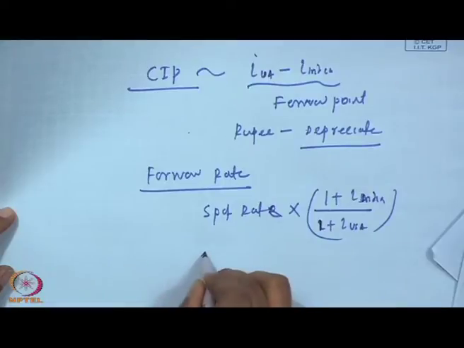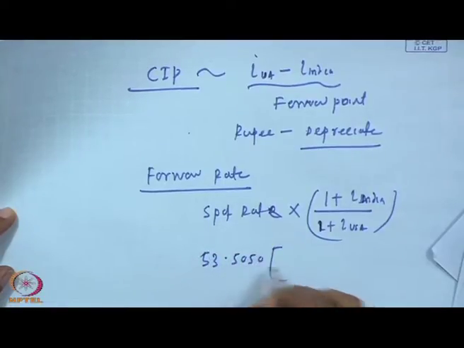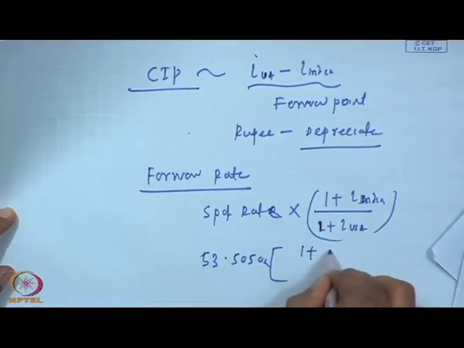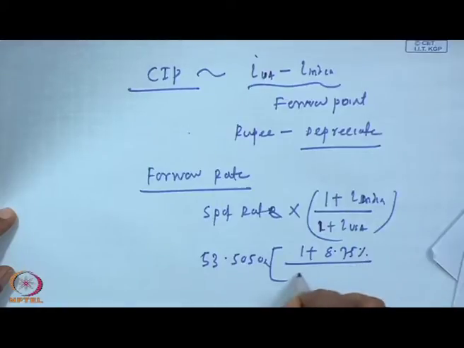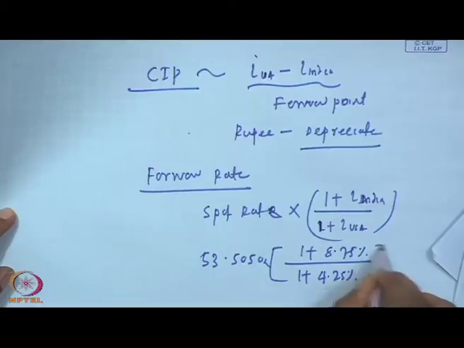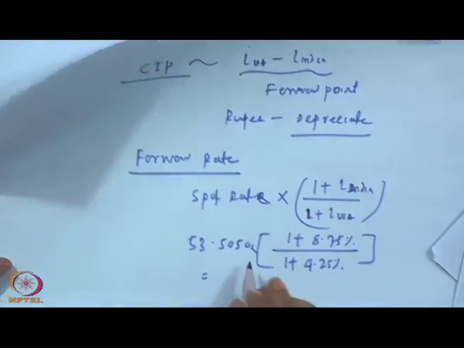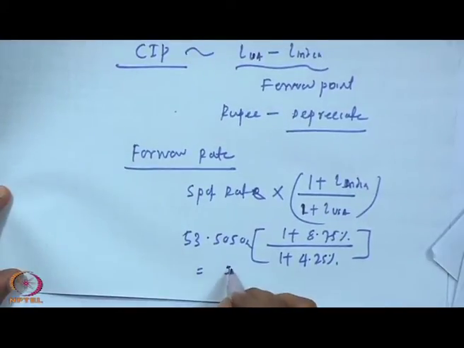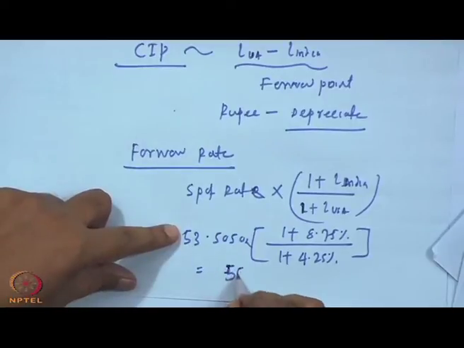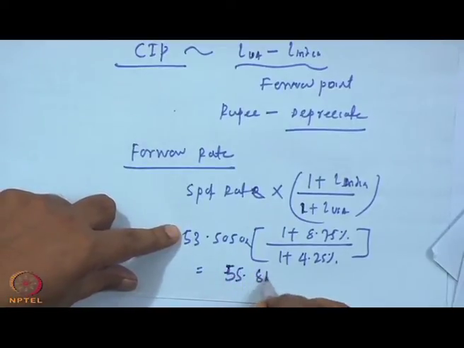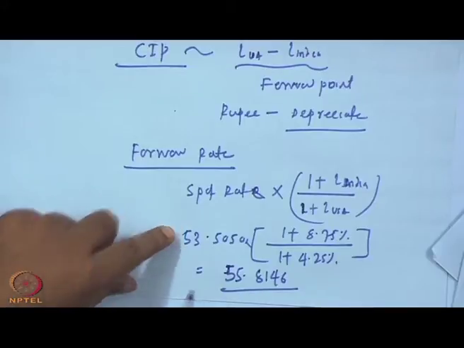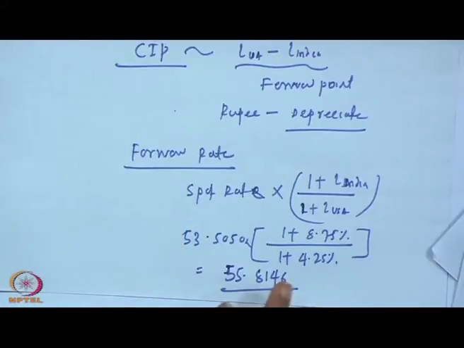The spot is 53.5050 into 1 plus the Indian interest rate of 8.75, by 1 plus the US interest rate of 4.25. If you calculate this, it comes to 55.8146.